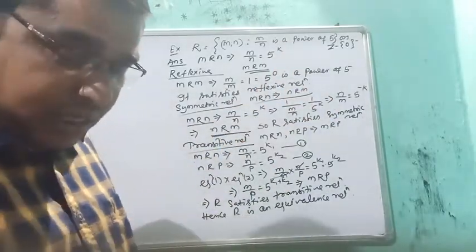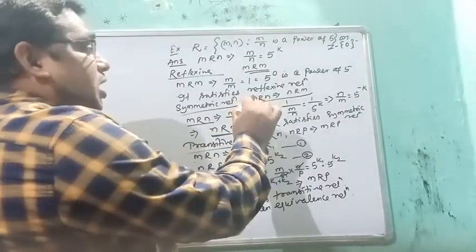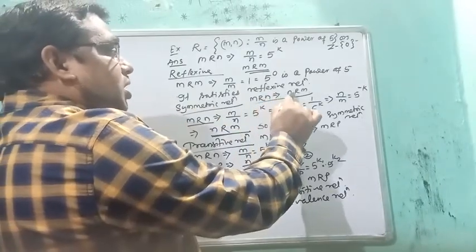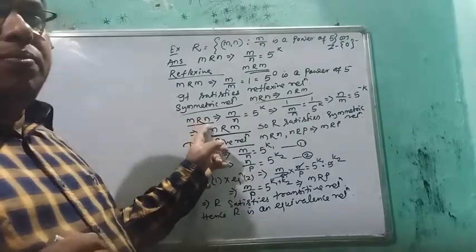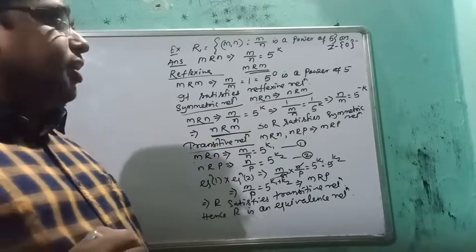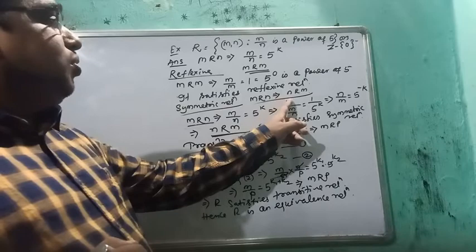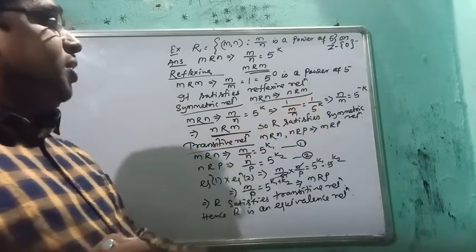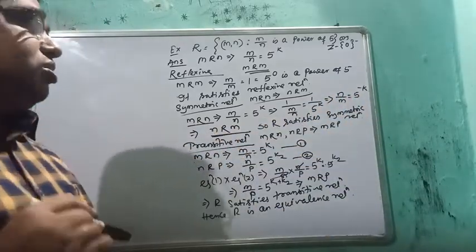Again, we have to verify the symmetric relation. What is the symmetric relation? If m is related to n, we have to verify that n is related to m. Then m/n is equal to 5 to the power k. And if m/n is equal to 5 to the power k, then 1 by m/n is equal to 1 by 5 to the power k, which implies n/m is equal to 5 to the power minus k.